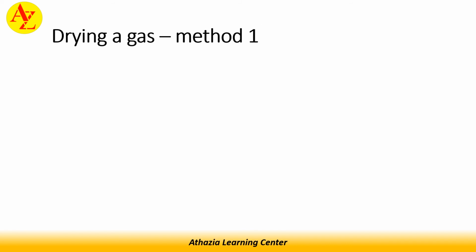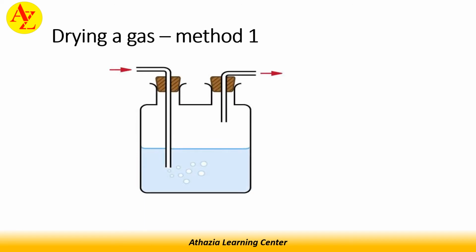This is the drying method for a gas. Method 1, we set up like this. We bubble the sample of the gas through the water, and if you pay attention to the position of the straw, after it bubbles through the water, the gas will pass through the second straw and to the collecting tube.